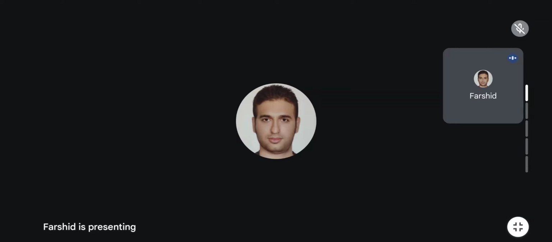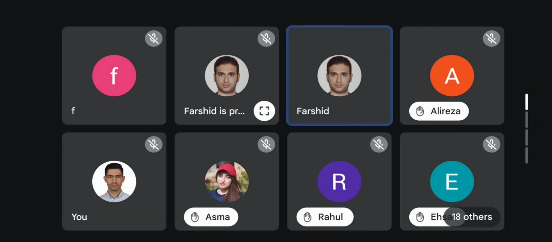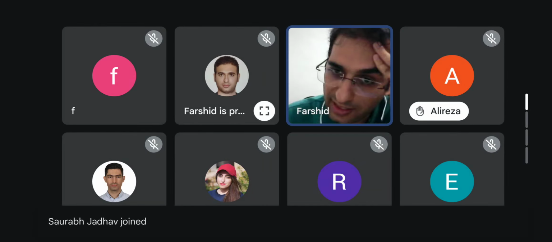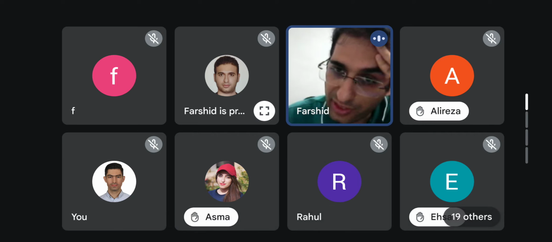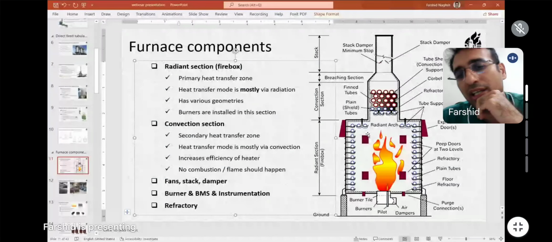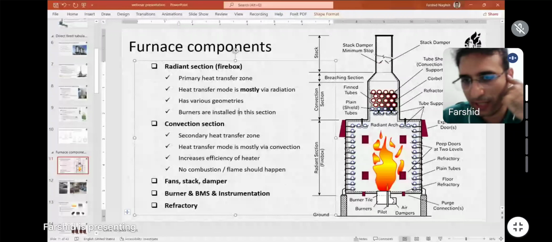Also, this flue gas passes between the tubes and increases the temperature of the refractory on the walls and floors. The refractory also radiates heat to the tube and the tube to the process fluid.